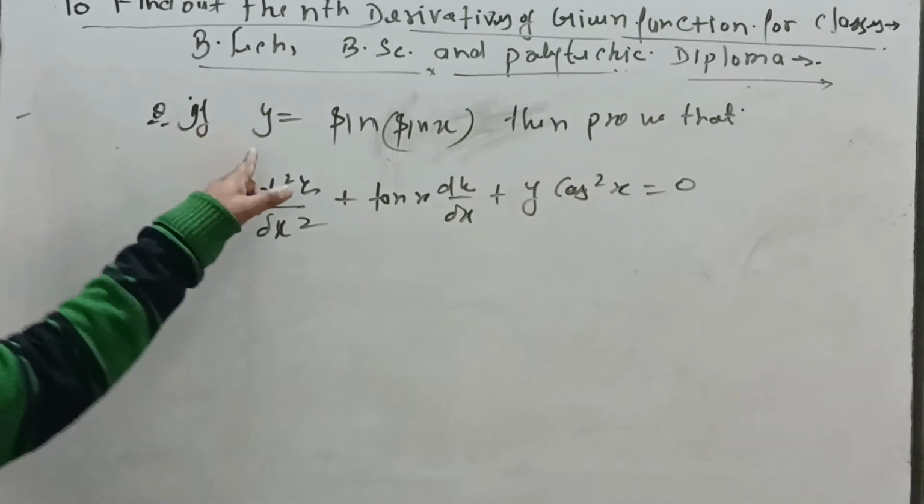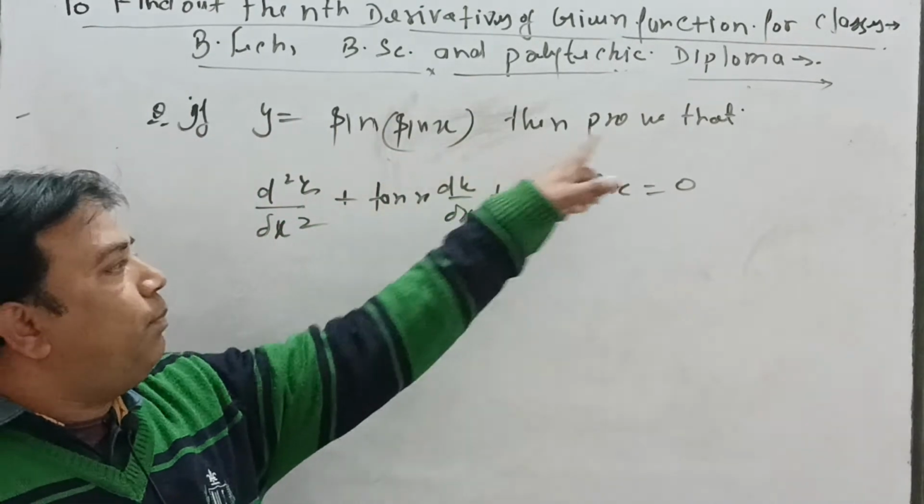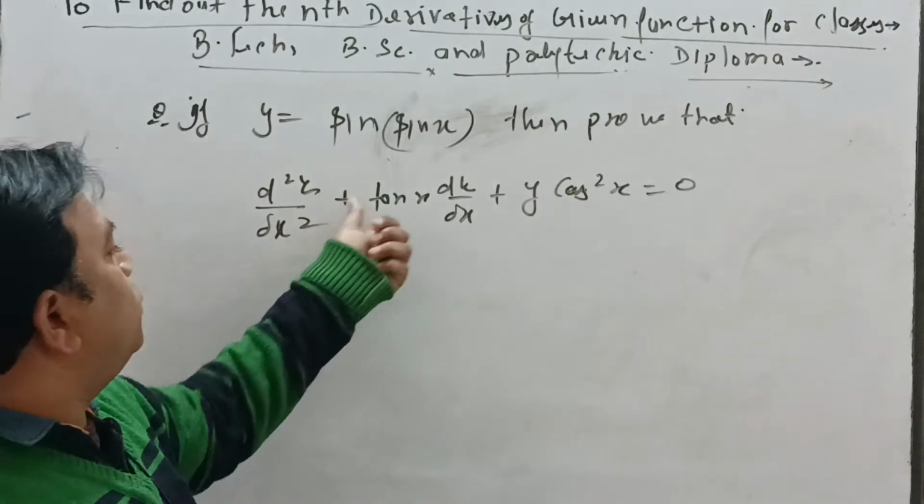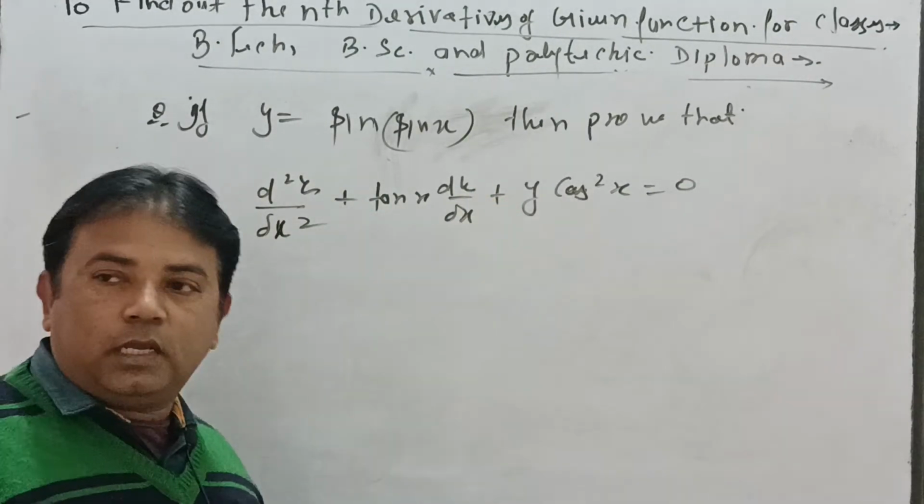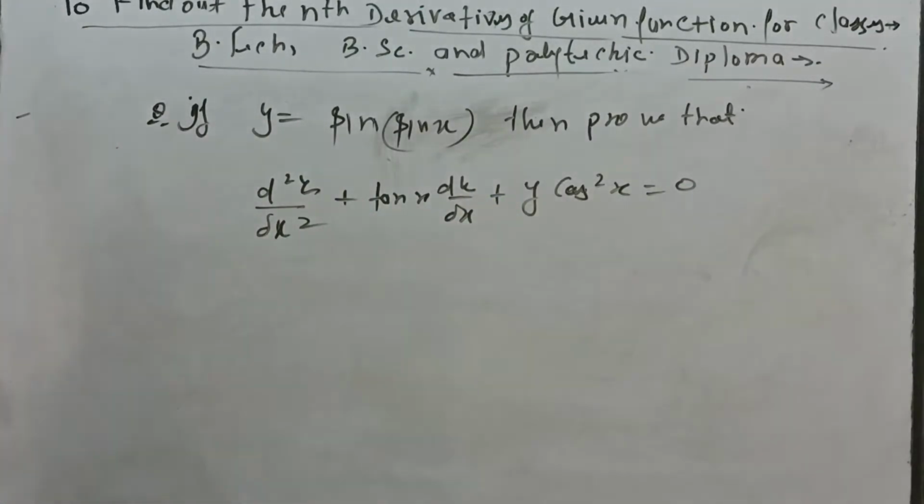The given function is y equals sin x, then prove that d2y/dx2 plus tan x dy/dx plus y cos square of x equals 0.